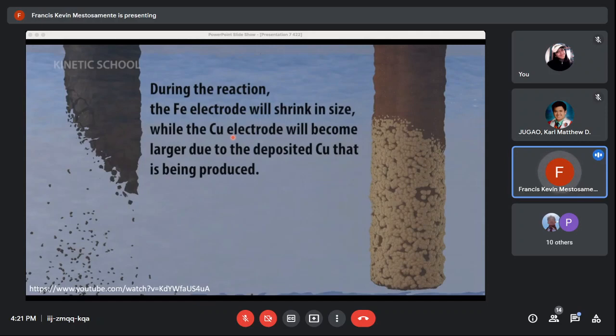And another thing, sir, paano natin nalalaman kung sino yung magiging anode and sino yung magiging cathode on the two material? So, nalalaman yun based sa nobility ng material. So, nobility refers doon sa chemical reactivity ng isang material. So, may mga iba-iba tayong material if you're looking into the periodic table.